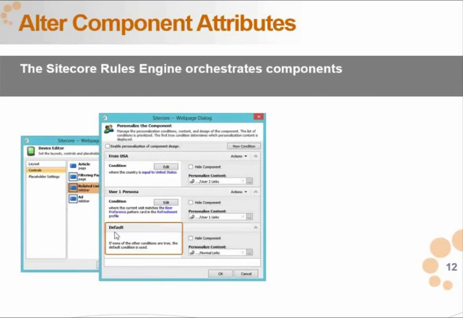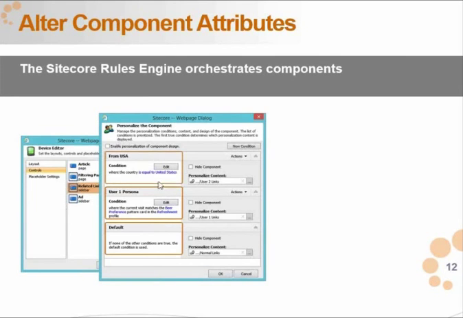For example, we have the default rule to show if you don't meet any condition, it will fall back to the default rule. You can have a user one persona, and the condition is if the current visitor matches the beer preference pattern, then we show user one or beer user links.